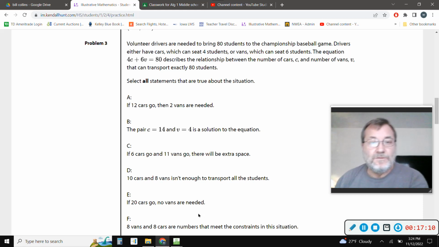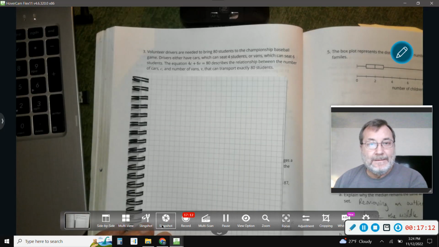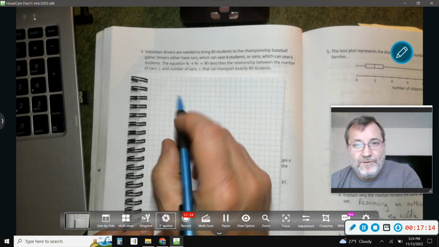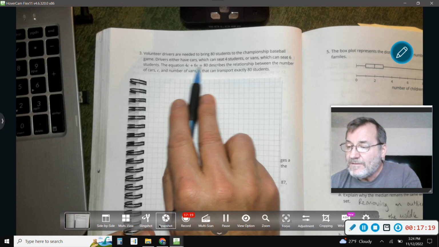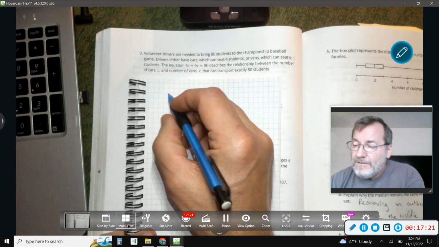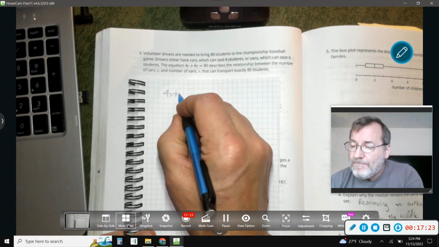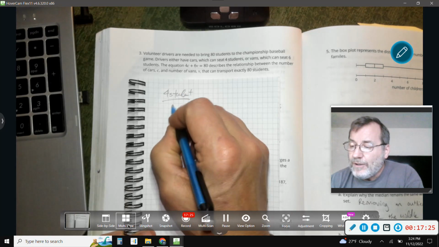I'm going to get over to my camera. They're saying that there's cars and then there's vans. So if cars, there's 4 students per car.